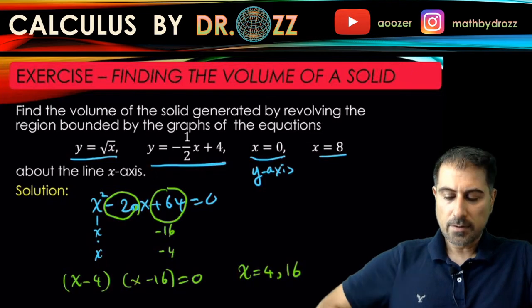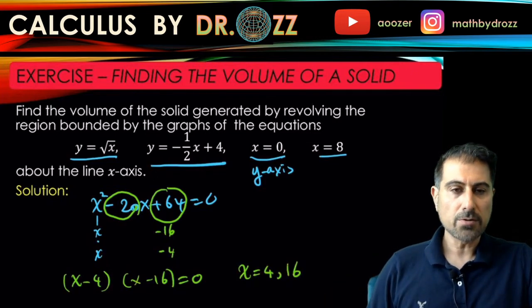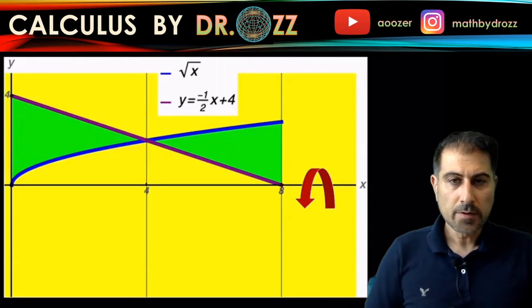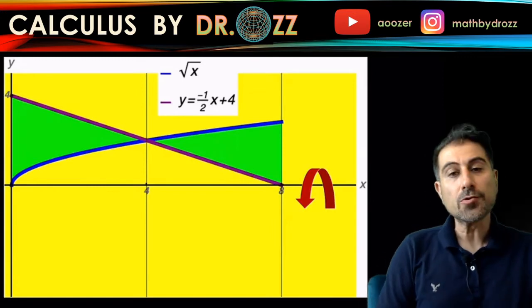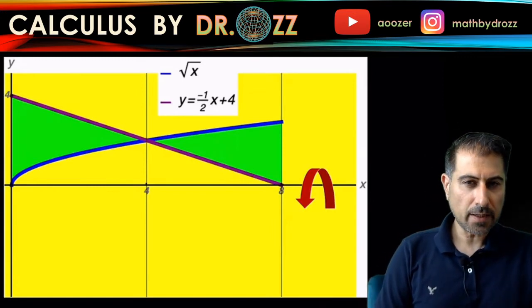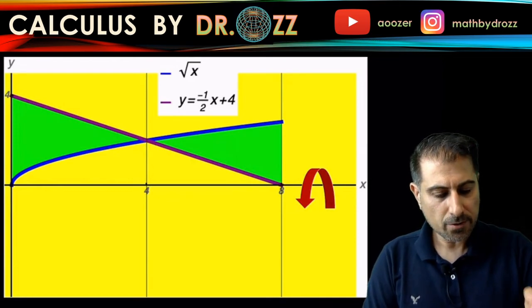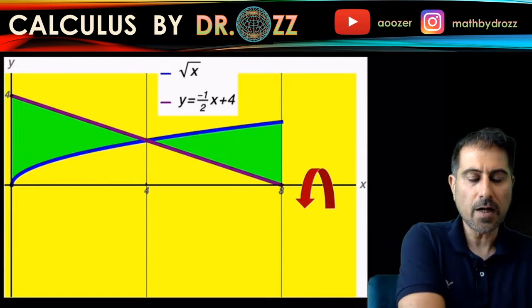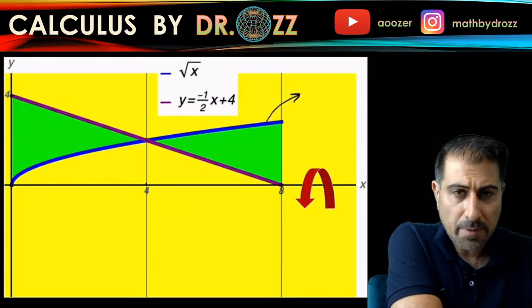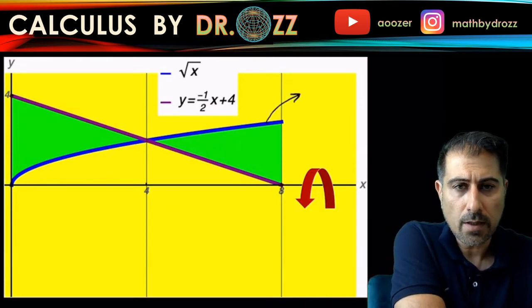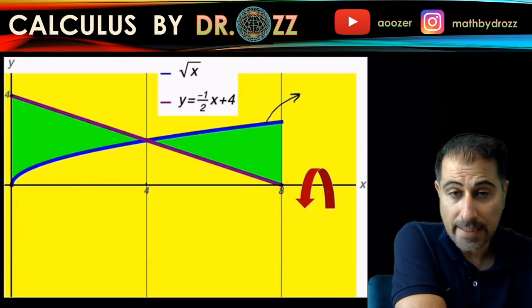All right, so let's check how the region looks like now. So here we go. We got x equals 4 and x equals 16 for the intersection. Apparently, this graph here, the blue curve, which is the graph of radical x, is going to make a turn and then hit the line again.